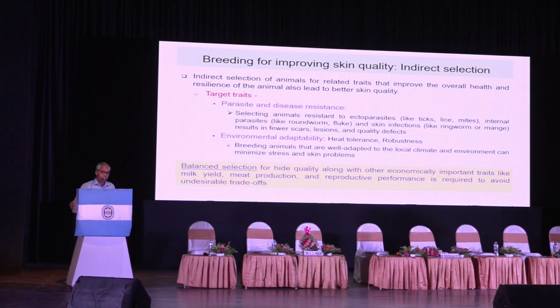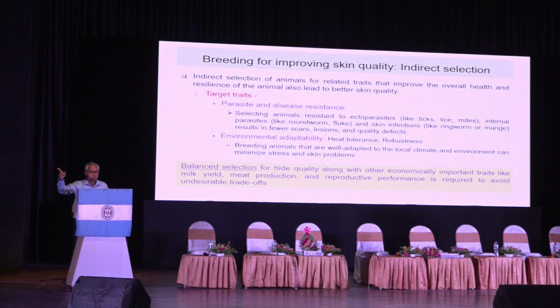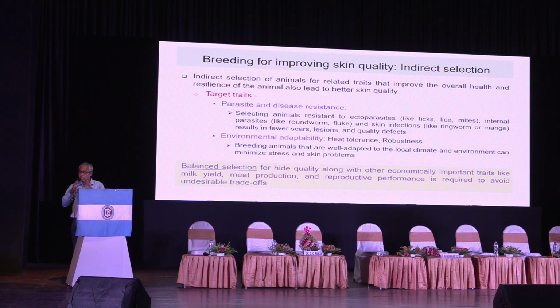And indirect selection, some of the traits are not directly related with the skin character, but are related with the health of the animal and ultimately indirectly influencing the skin quality of the animal and ultimately the leather quality. Here, the parasite resistance, disease resistance, and environmental adaptability, that is had by most of the livestock of our country. We should have to focus on this indirect selection.